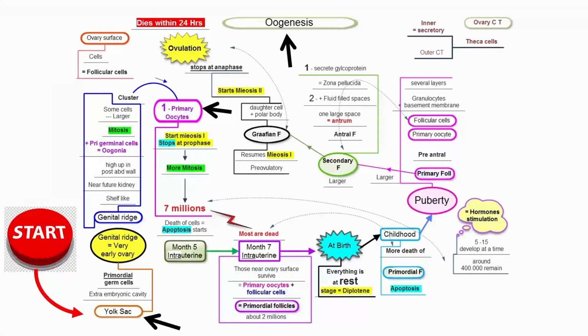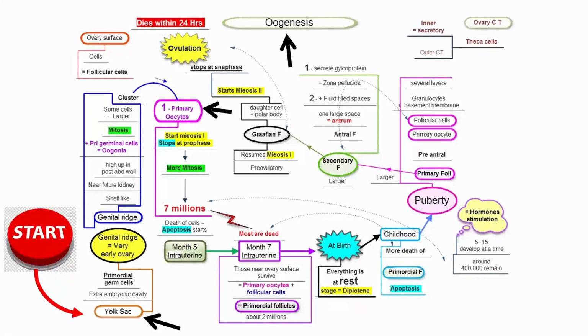Now, this is going to stop, and primary oocytes are going to die, a large number of them, and this death is programmed in the genes, and it is called apoptosis.